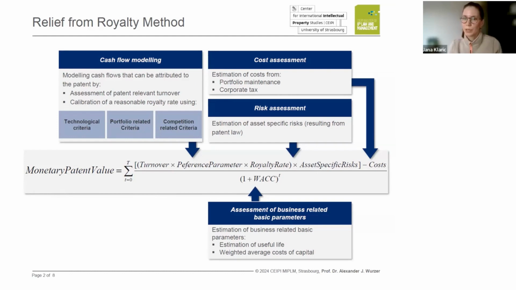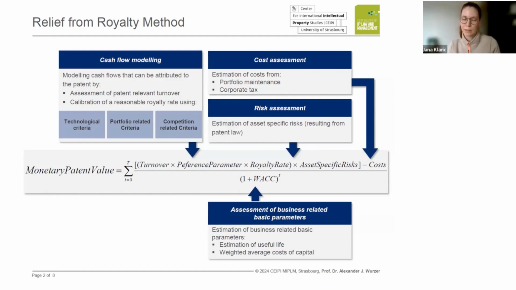The next parameter is the asset-specific risk, meaning the risk assessment, which will be further developed and explained in the next slides. Then there is the cost assessment, in relation to portfolio maintenance and corporate tax.